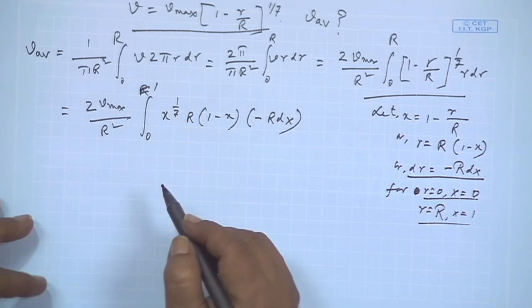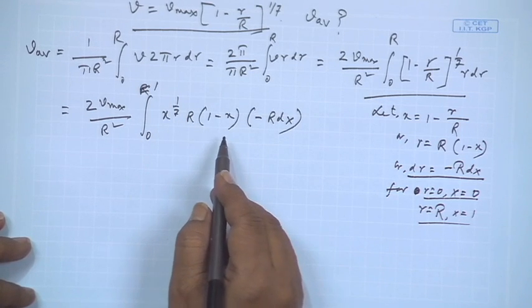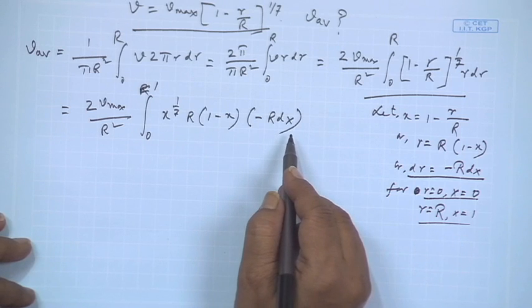So, it is 0 to 1, x to the 1 by 7, R into 1 minus x, into minus R dx.